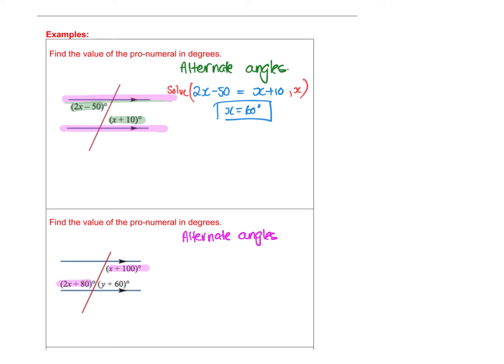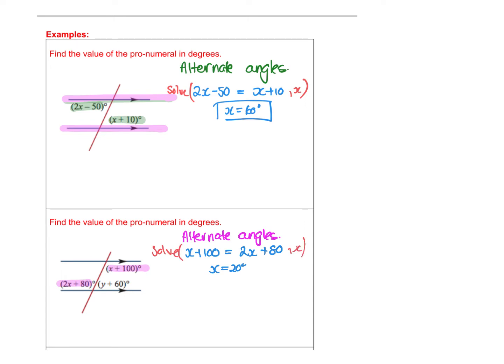So that means I can let them equal each other. So I've got x plus 100 must equal 2x plus 80. So we end up with x equaling 20. Once again, you can use solve. Don't worry, I'm just doing that in my head, but yep, x equals 20.